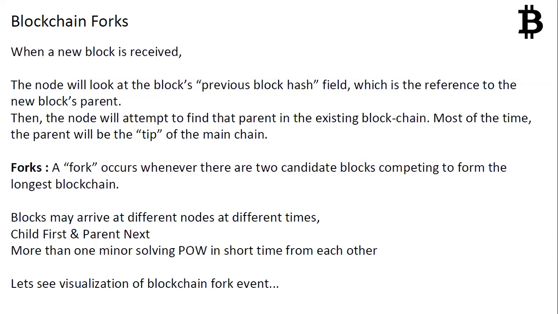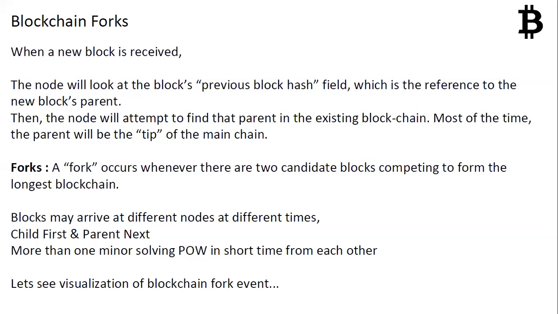Now, a fork occurs whenever there are two candidate blocks competing to form the longest chain. That means in a given time slot, two nodes solve the puzzle. So in that case, what will happen and what should happen? This is what a soft fork is.